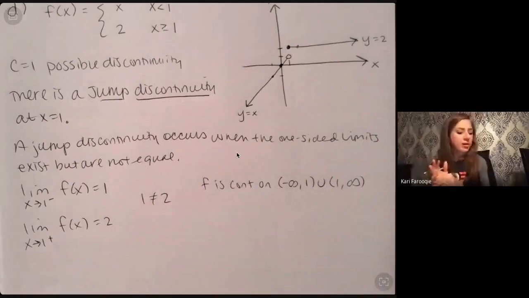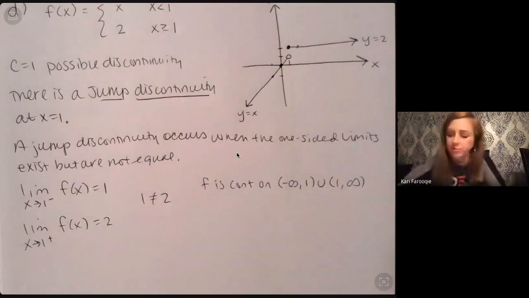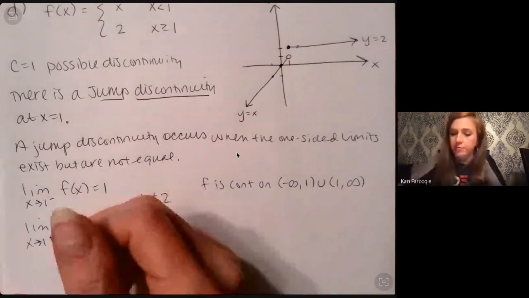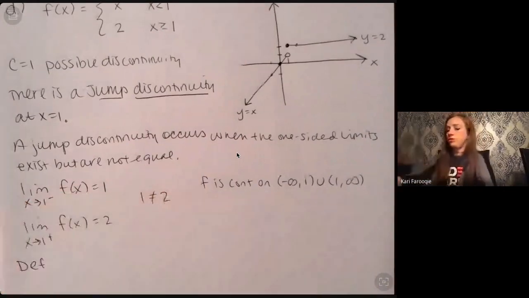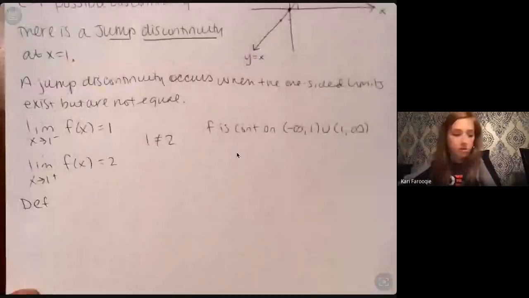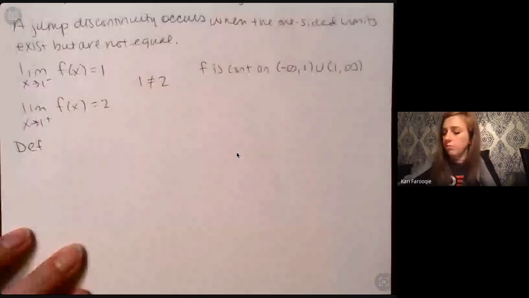So let's talk about one-sided continuity at a number. All right, definition. One more thing to learn. All right, so your definition, one-sided continuity at a number.